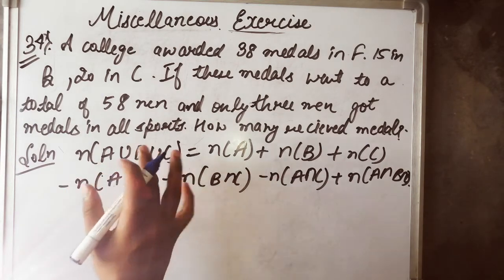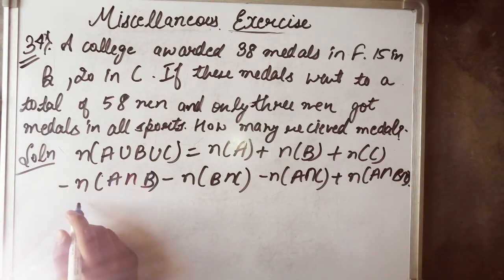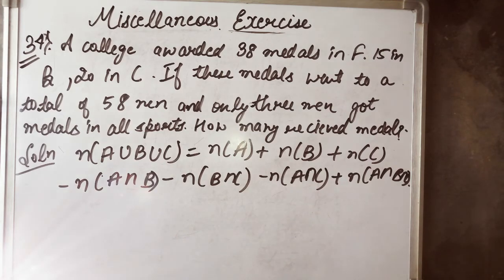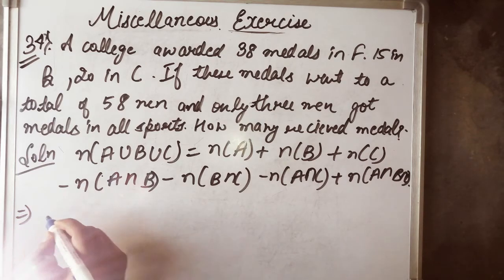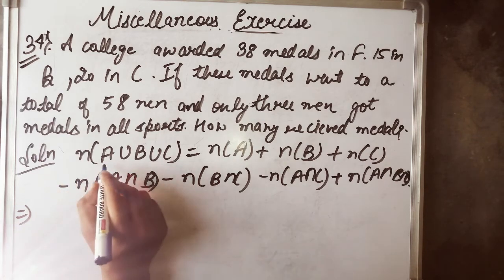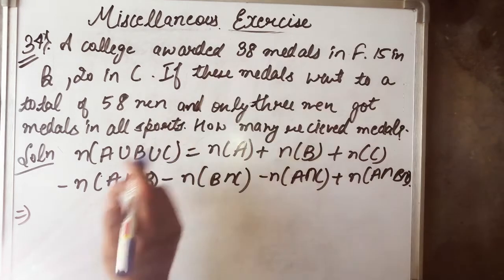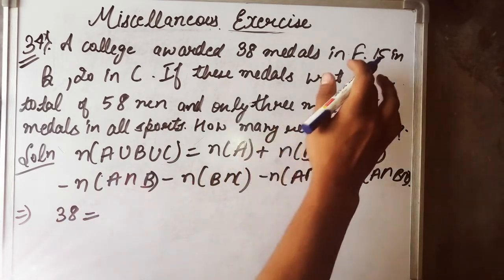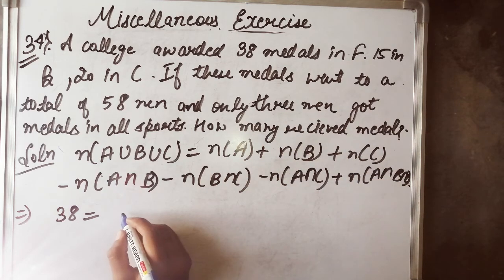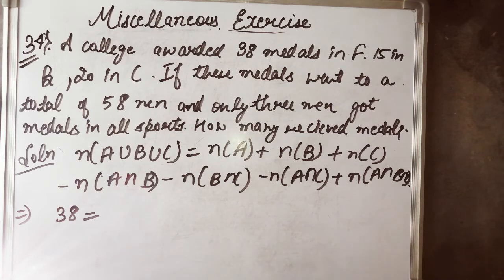The medals were 38, no problem. n of A union B union C equals 38.